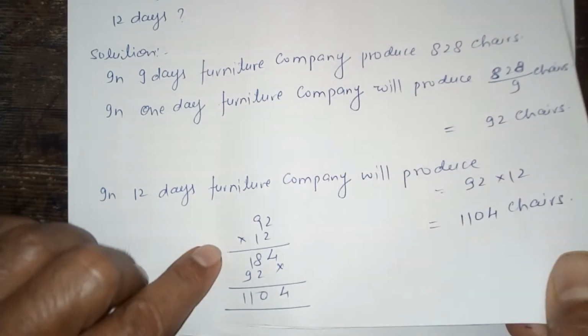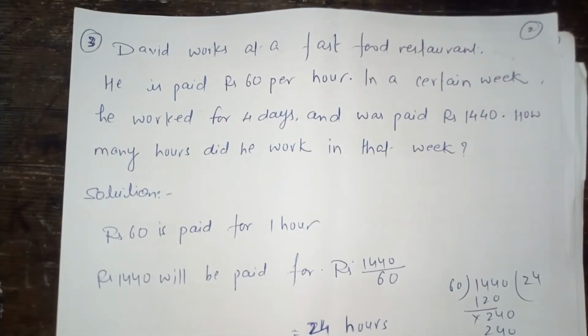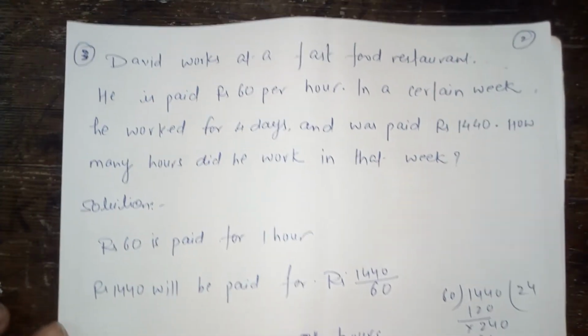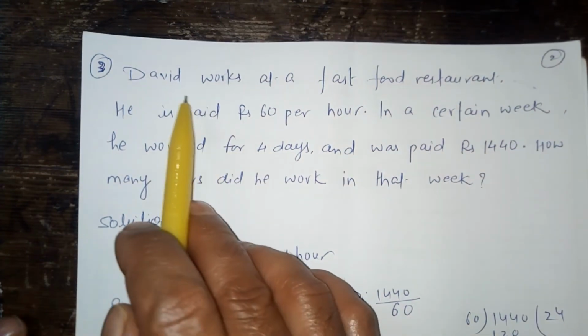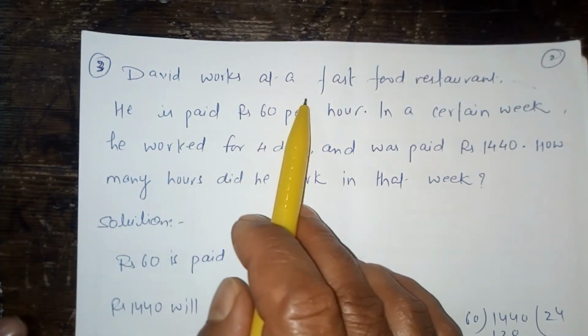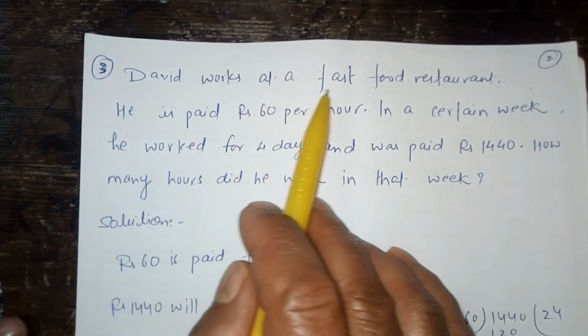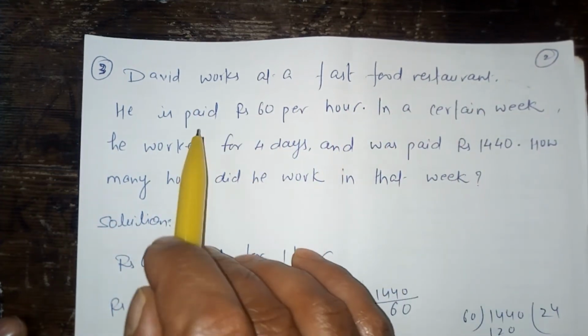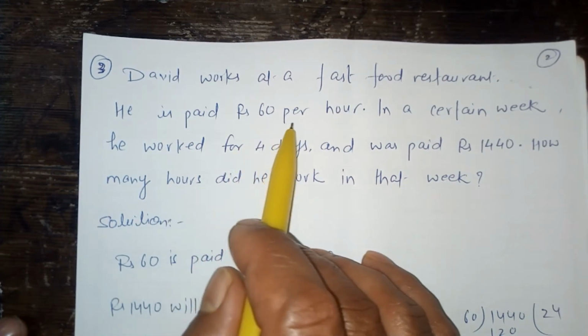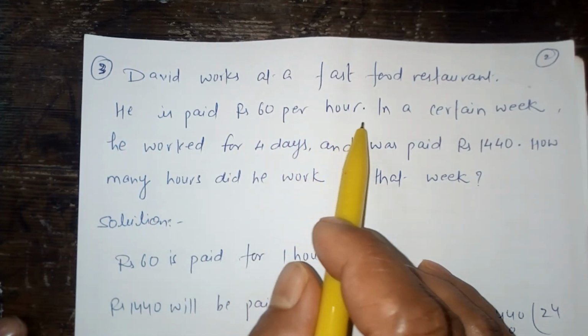Again, my dear student, your next question is: this question is very easy. David works at a fast food restaurant. He is paid rupees 60 per hour.